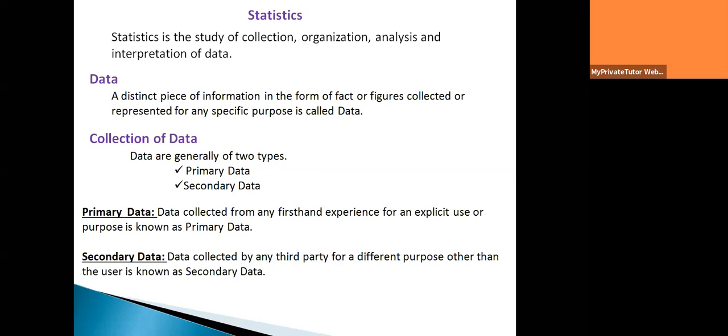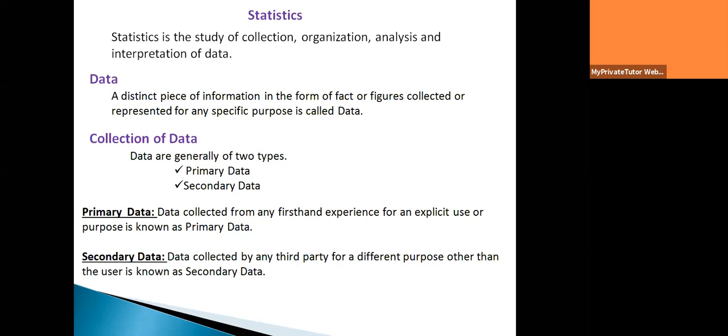The primary data is taken from the original data or original person, the fact data or 100% correct data. Just have a look at the definitions and you will get the same idea, which is first hand experience. The data is collected from first hand experience.